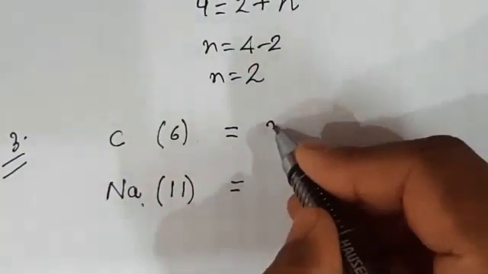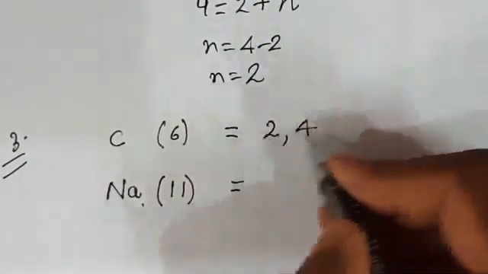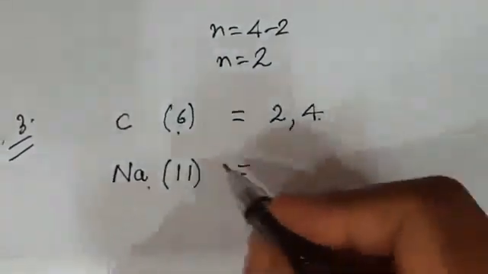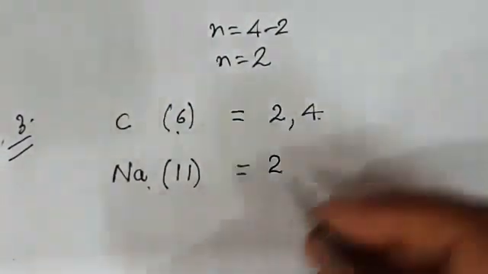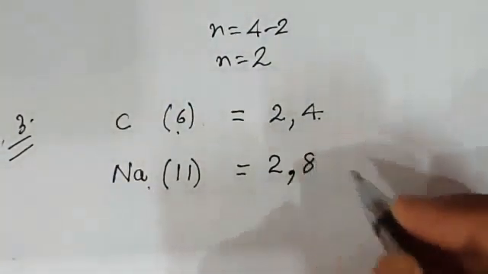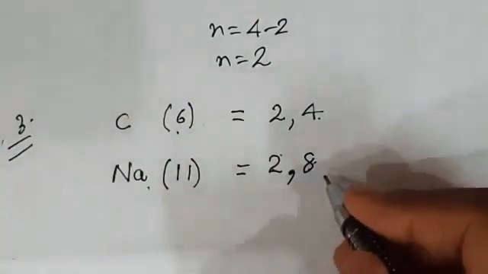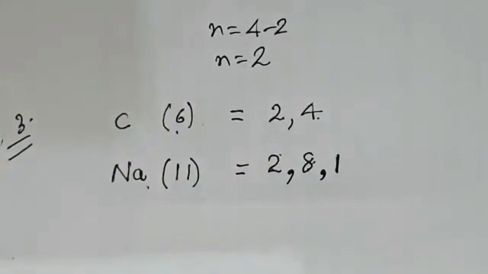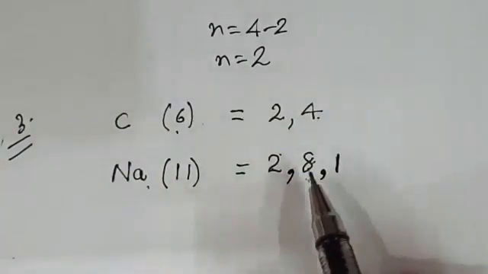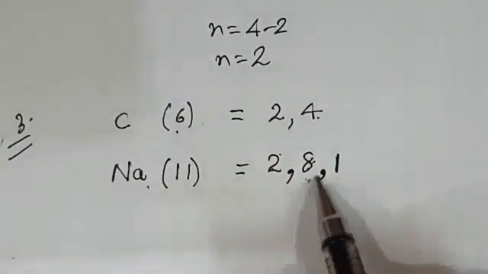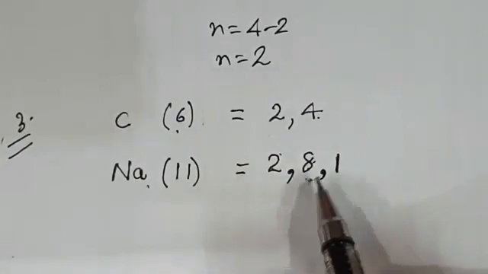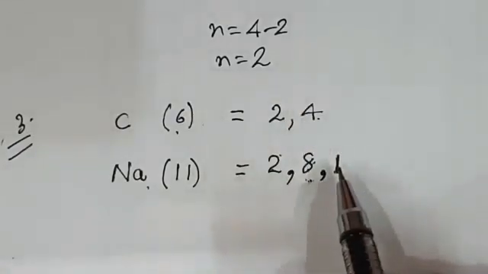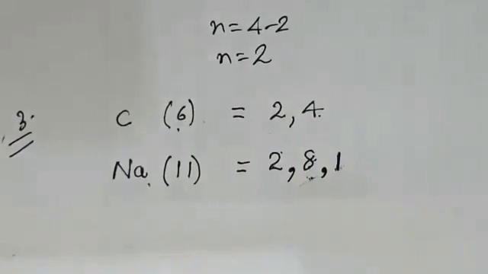So in the first shell 2, second shell 4, total gives 6. In sodium, first shell 2, second can accommodate 8, total gives 10. So 1 is left, in the third shell it will be 1. Okay, so the second shell can accommodate 8 electrons maximum. So the last 1 electron will go in the third shell.